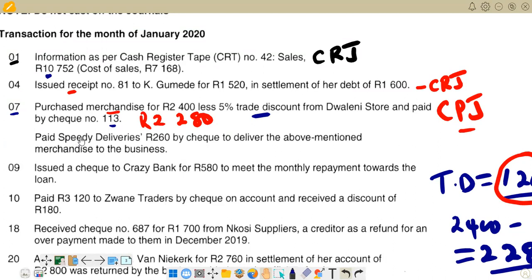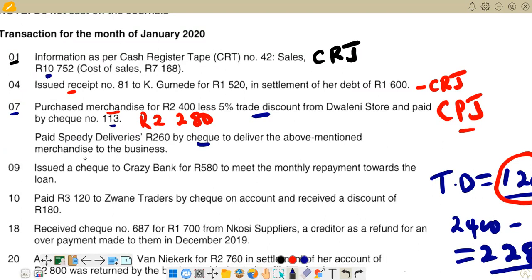Paid speedy deliveries 260 by check to deliver the above mentioned merchandise to the business. So these are sort of transport costs that we are paying to speedy deliveries. So it means this transaction is going to affect our bank. Remember, we are paying using check here. So our bank is going to be affected.